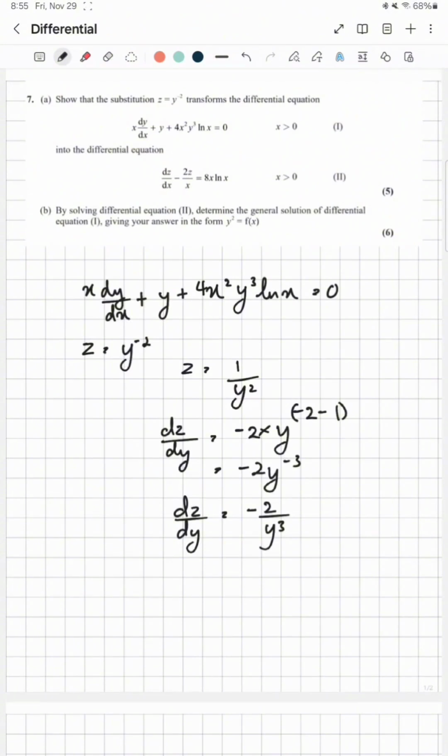Okay, and then what we need to do is they've given us dz over dx. Okay, so what we can do is we can write dz over dy equals dz over dx into dx over dy.